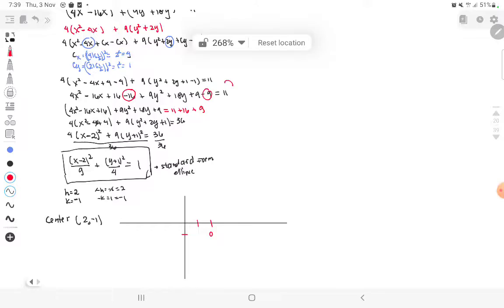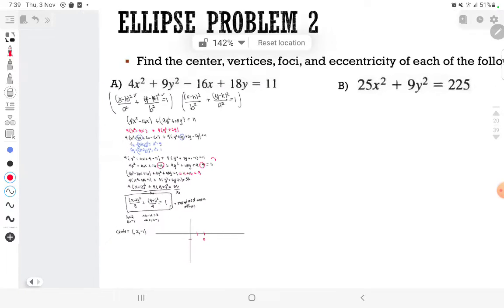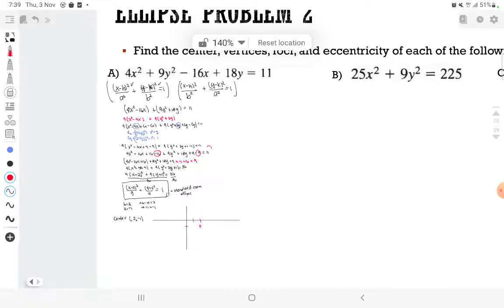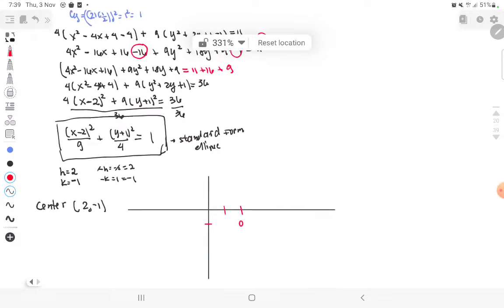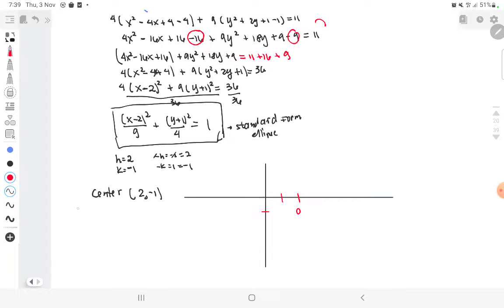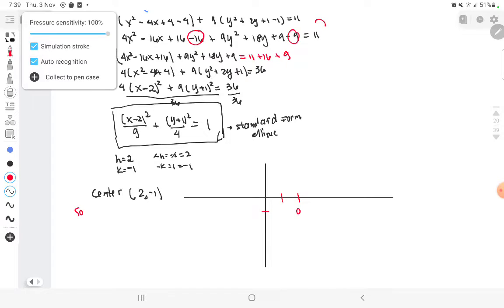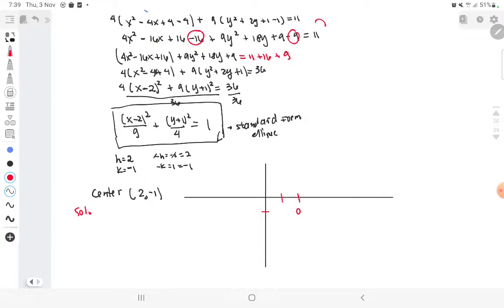Okay, now the center, what are our vertices? Now if we talk about our vertices, solving for vertices, this is about our a.